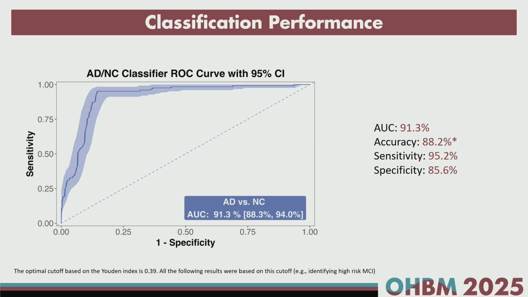Here are the results. The model achieved an accuracy of 88% and an AUC of 91% in the SEALCode dataset. Considering the age and ethnic differences between the SEALCode dataset and the original training datasets, these results are quite encouraging.